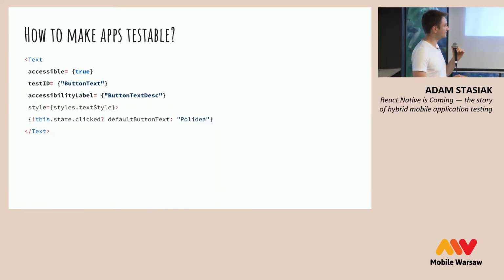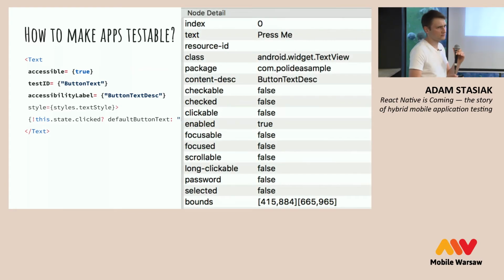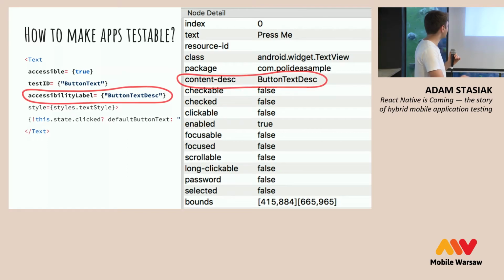Now have a look inside UI Automator Viewer. It's a tool for checking the view hierarchy for Android. And you can see that accessibilityLabel is displayed as content description. You can see that we don't have a declared resource ID, which is the obvious choice for writing test-enabled code.